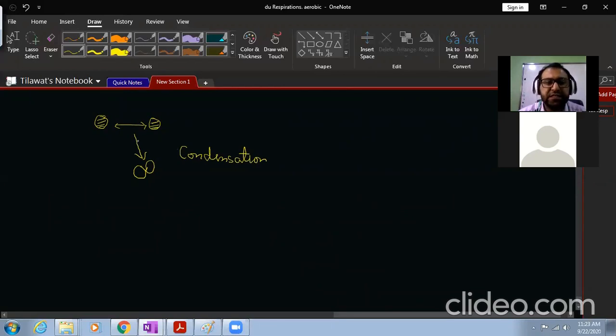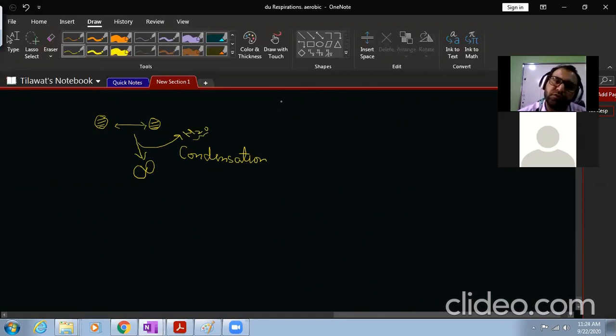In condensation, what will happen? When both react, water will eliminate. Usually it is joining through condensation. The reaction in which two molecules join together chemically with the release of water is called condensation.